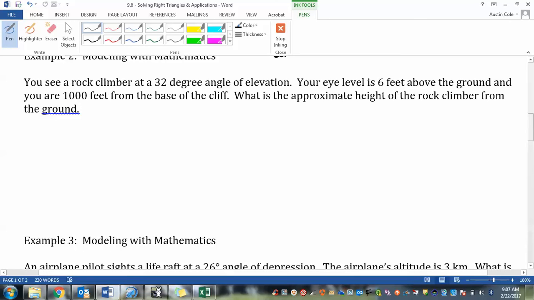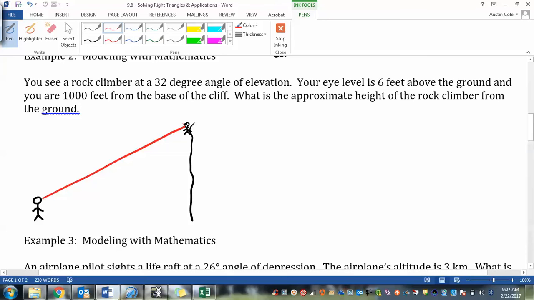And so here it says that your eye level is 6 feet above the ground. So let's draw this picture. We see a rock climber. So someone is down here on the ground, and there's a rock climber up here on a rock wall. And so we are looking from my eyes to the rock climber, and that's a 32 degree angle of elevation.